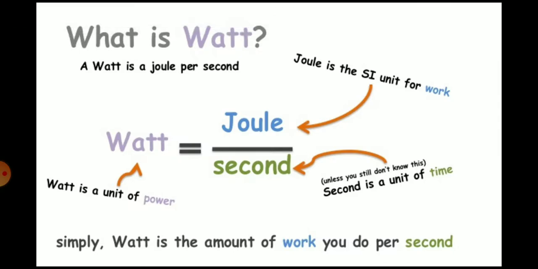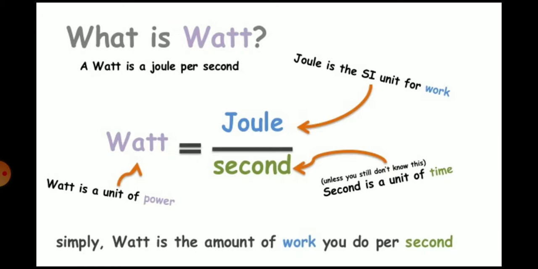Now, what is watt? A watt is a joule per second. Watt is a unit of power. What is the SI unit of work? Joule is the SI unit of work, and second is a unit of time.